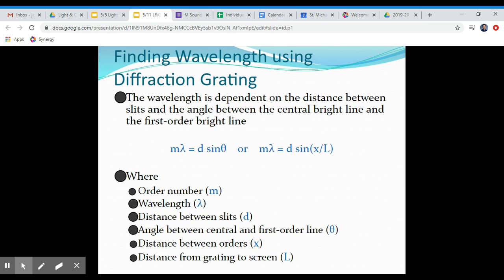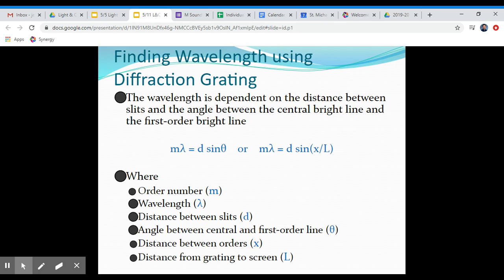And then the distance, if you're using the other equation, if you're not given the angle, which most of the time you're not, because you can't measure that super tiny angle, you're going to use x over L. If you watched the video from Mr. Dewey, he explained that if you plug in sine and tangent of a super small angle, for instance sine of 1, I get 0.017454, whereas tangent of 1, I still get 0.01745, and it's not until the 6th or 7th digit that we get a different number.